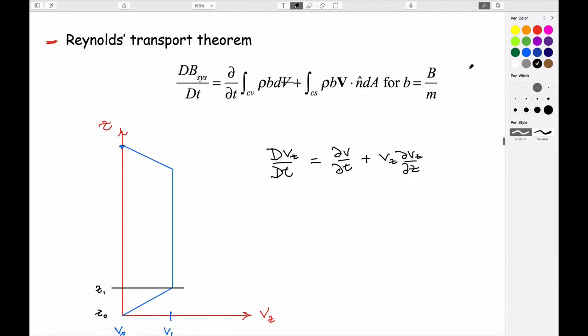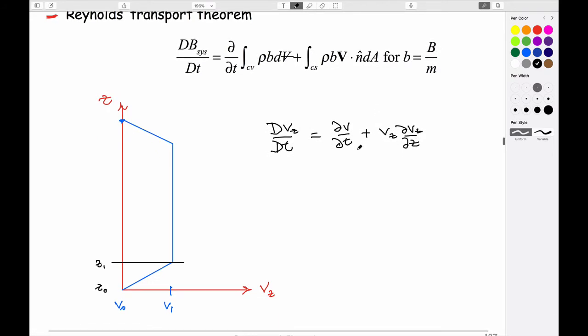And so this part here is the static observation. This part would be v1 minus v0 over 2, say, so the average velocity would be this amount.